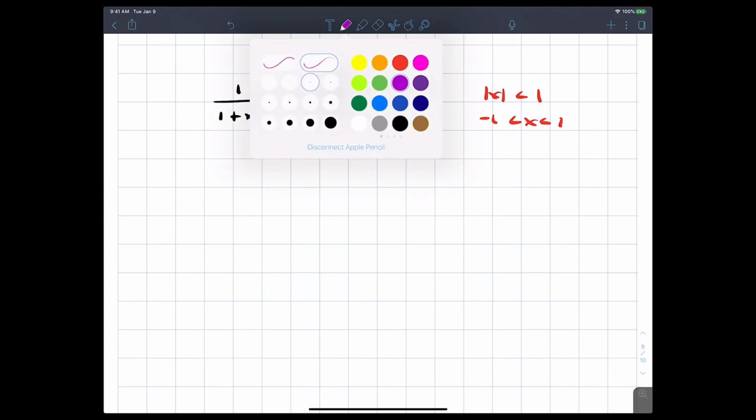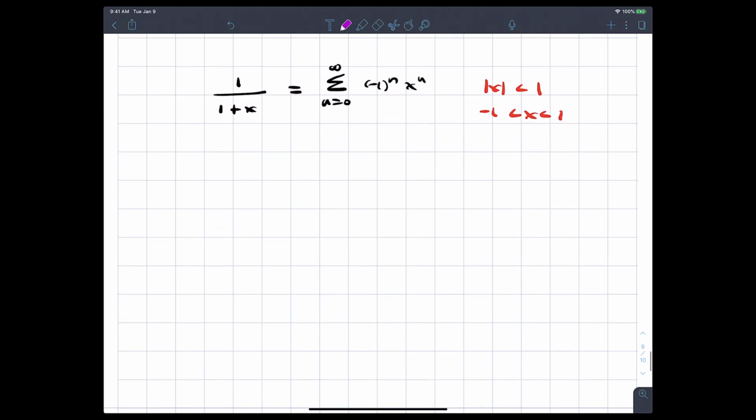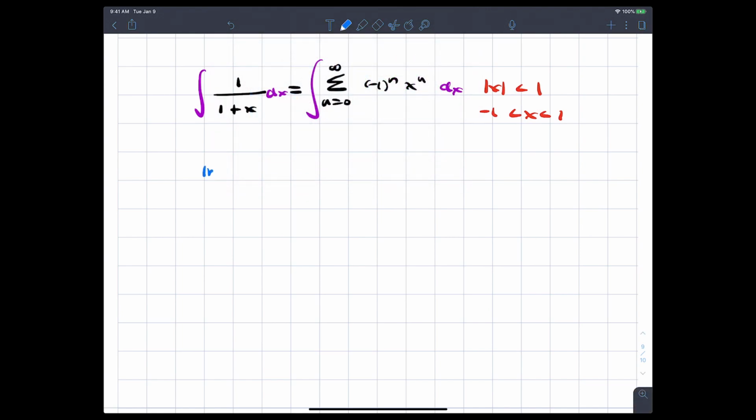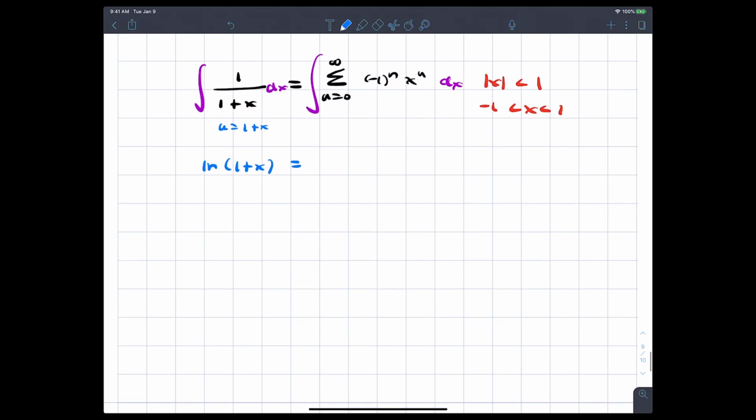Another example of integration, I believe. So if we integrate dx, on the left side we'll get the natural log of 1 plus x, because we have to do u-substitution here. U is 1 plus x, we integrate, okay. So the natural log of 1 plus x. So the integral of a sum is the sum of the integrals.